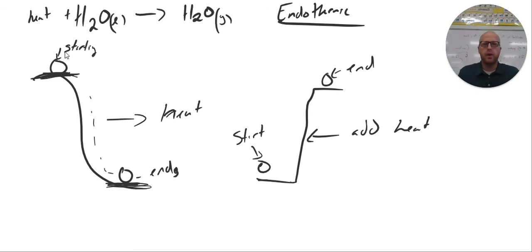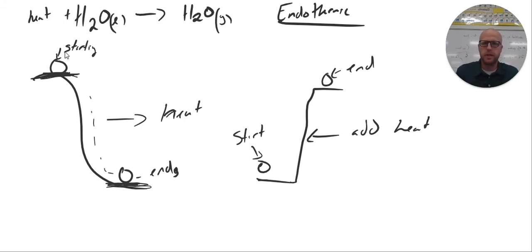So in the case of balls and stuff like that on hills, it would just be gravity, potential energy due to gravity. What we have in chemical equations and chemical reactions here is the energy is stored in the bonds. And we're looking at the potential energy difference between the bonds here. And that's what gets that production of heat, or if I have to add in heat because the bonds go to a higher energy state.